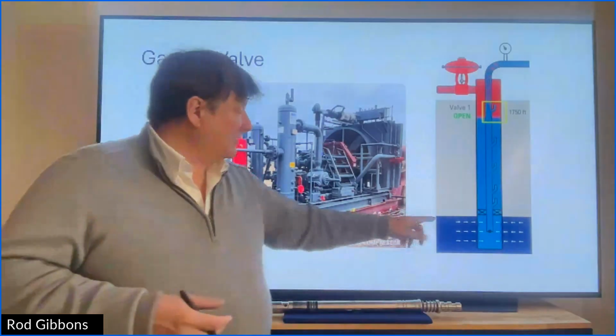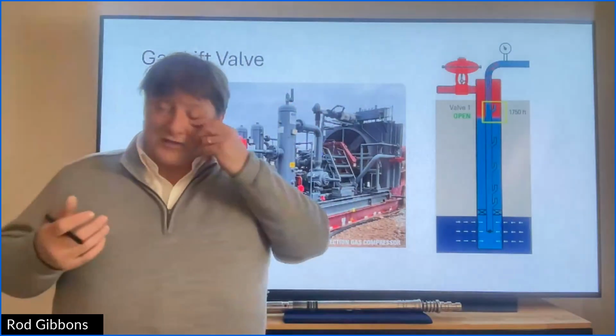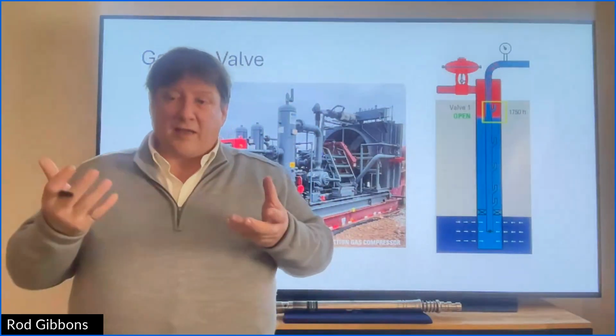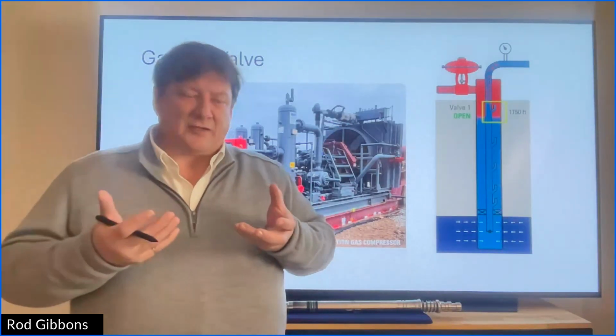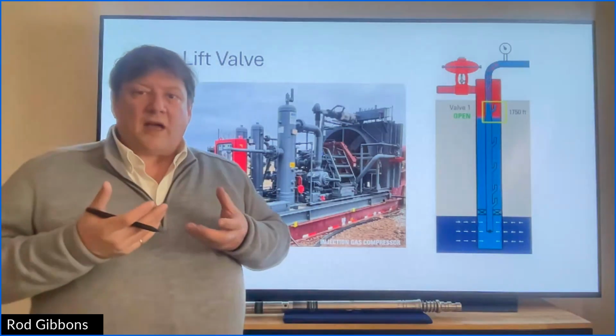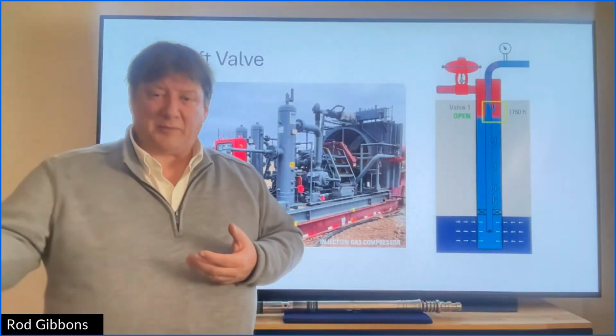That's great to get the fluid from the reservoir up to surface. When it's at surface, now that I have my gas at surface and we've separated it from the oil, now I want to get rid of it. I'd like to sell it.